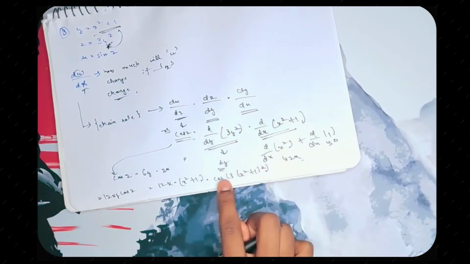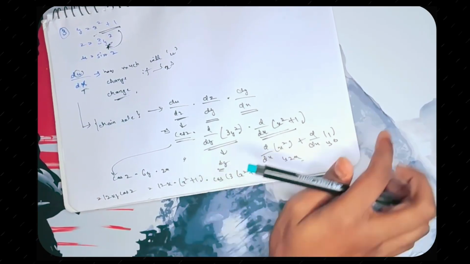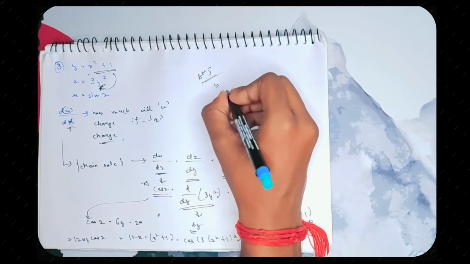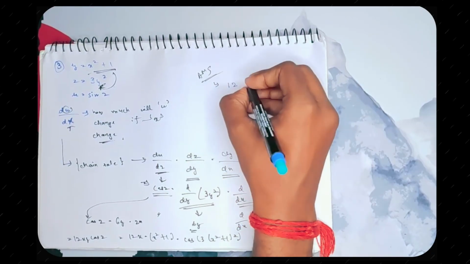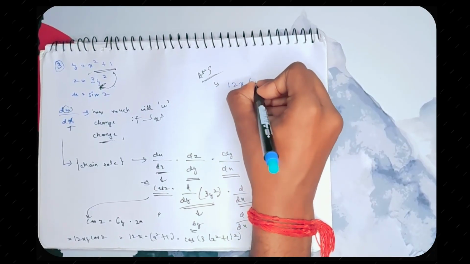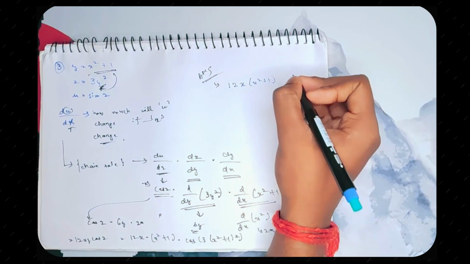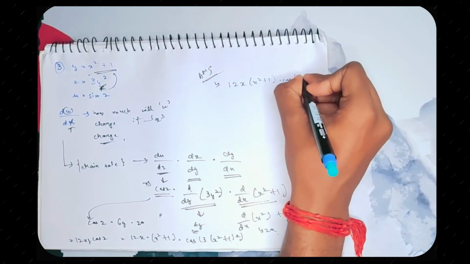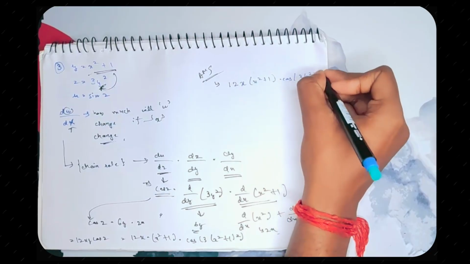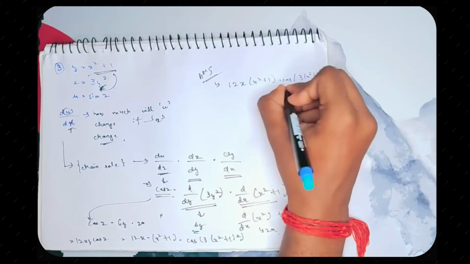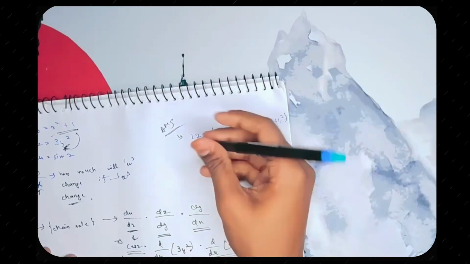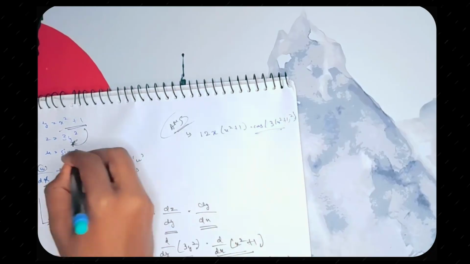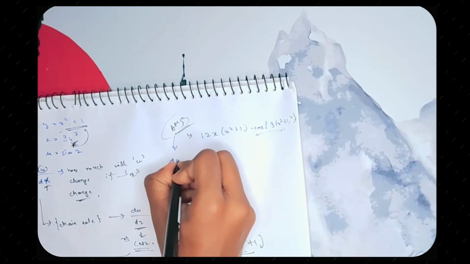And this is what the equation will look like. So the final answer is nothing but 12 times x square plus 1 and cos of 3 times x square plus 1 square, right? And this is my du by dx.